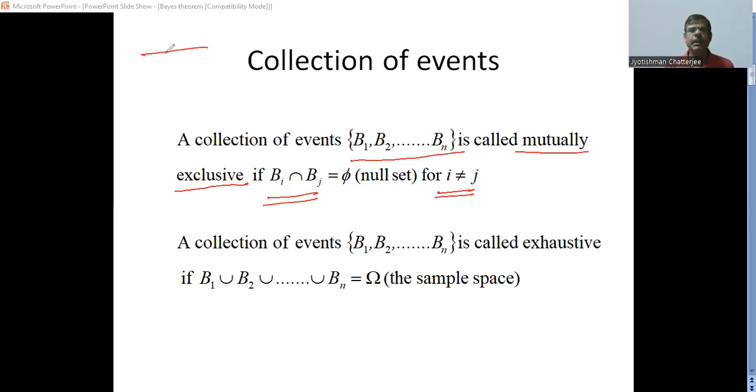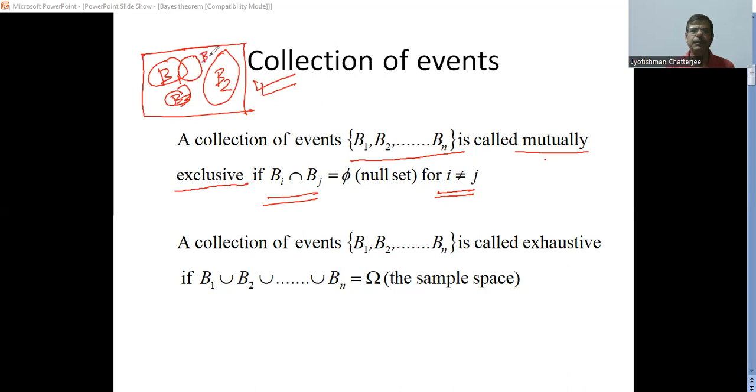So the diagram is like this. Here is B1, here is B2, here is B3. They do not intersect with each other. So this is a correct example for a mutually exclusive collection. However, if you have B4 intersecting with B1, then this is not mutually exclusive.